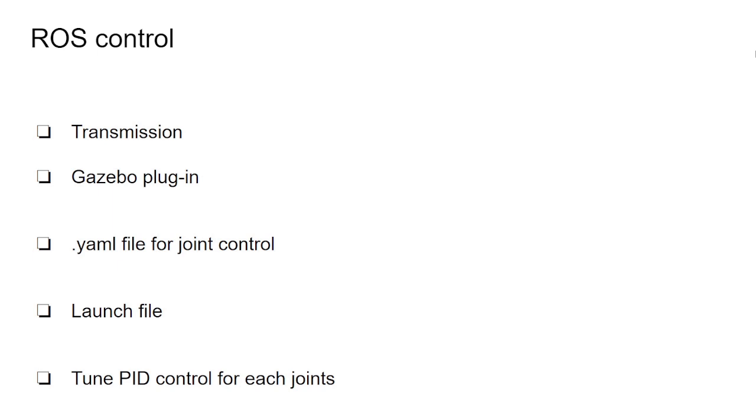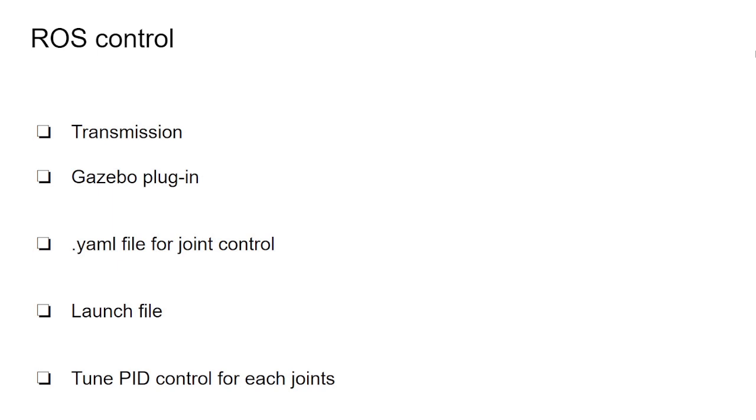And in the configuration file we're going to put PID controllers that are not tuned. So the last step that we need to do is to tune the PID control, which stands for proportional, integral and derivative control, for each joint, and we're going to use the rqt_reconfigure GUI for tweaking those values.